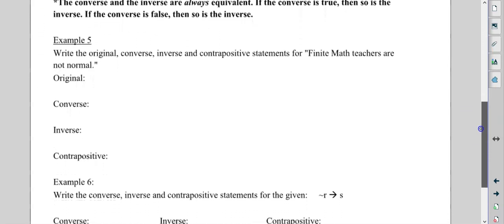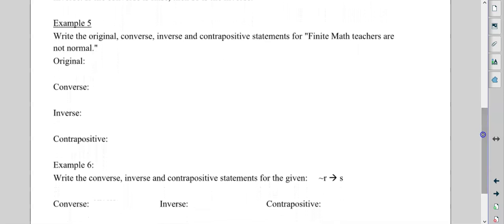So, one last example. Write the original, converse, and inverse for these statements. Finite math teachers are not normal. So, we're just going to add if and then and make it sound like a real sentence.